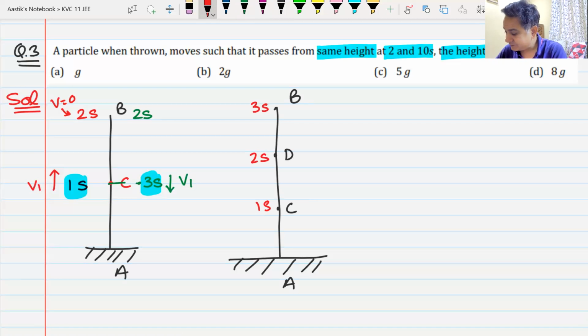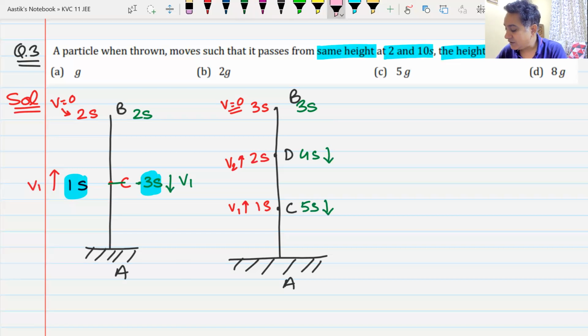Upward journey: velocity v1 upwards, velocity v2 upwards, and this velocity is 0. Let us look at the downward journey. At 3 seconds it will be here. At 4 seconds, D, but going downwards. At 5 seconds, C.